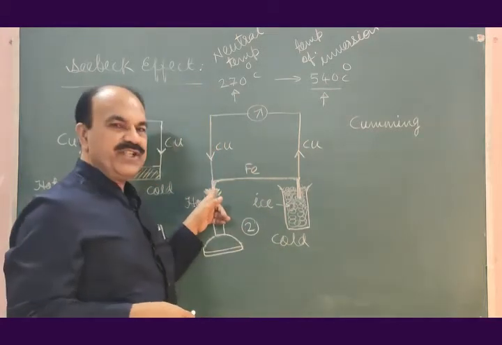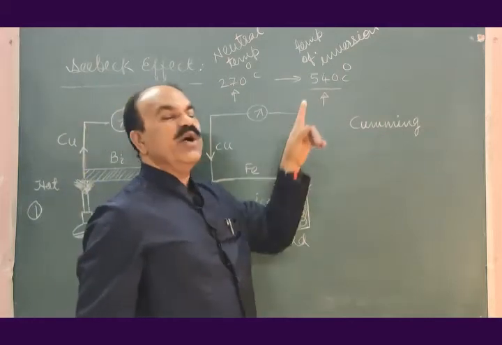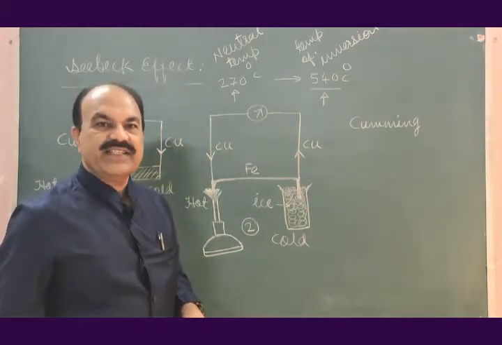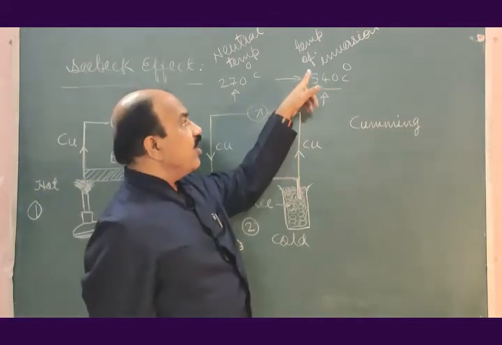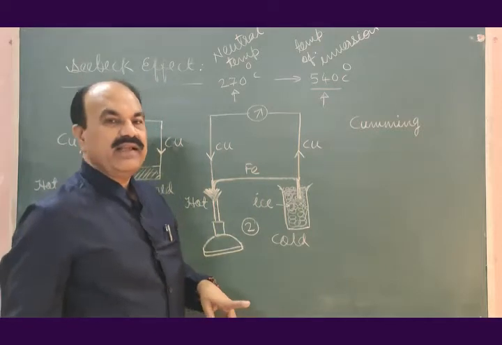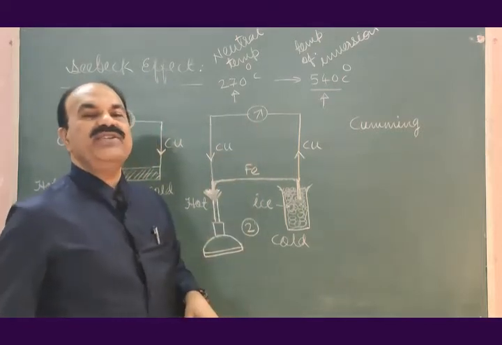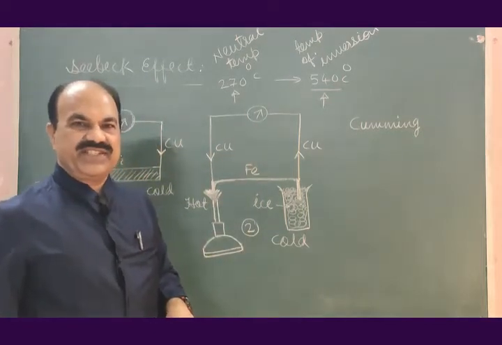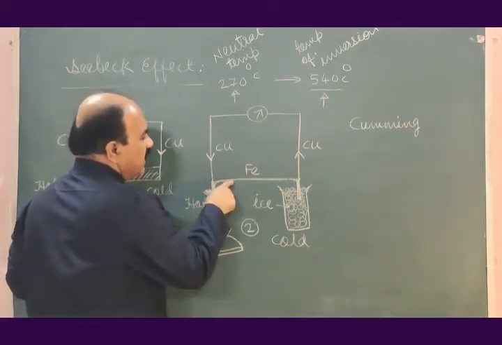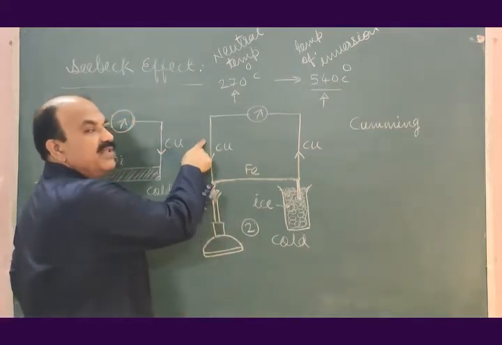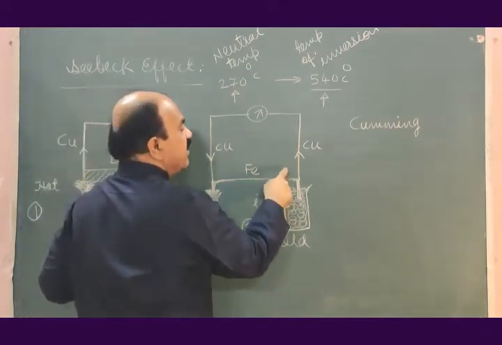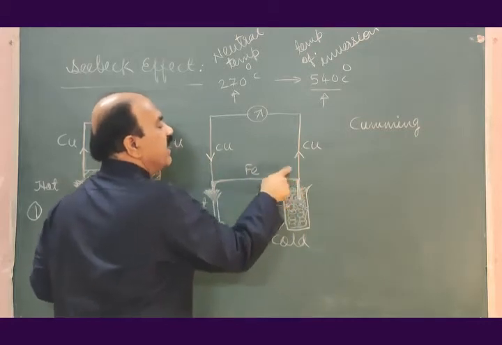That is, the current at the hot end will flow from iron to copper, the reverse of before, and at the cold end the current will flow from copper to iron.